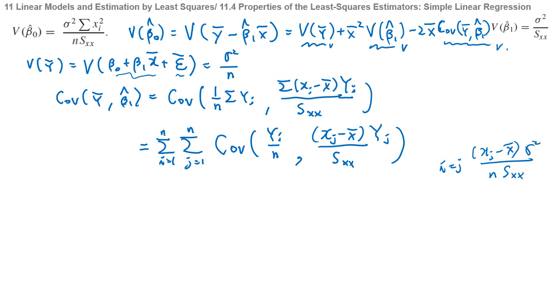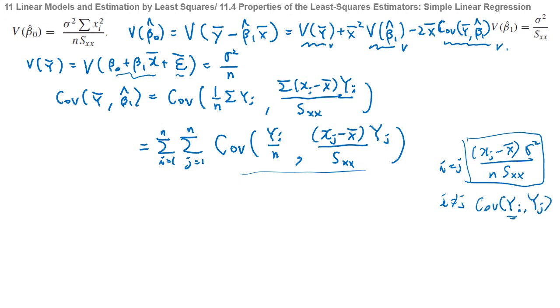The covariance of this thing is this one if i equals j, and if i is not equal to j, then the covariance of yi and yj is 0. So this part becomes the sum over i equals 1 to n of 1 over n Sxx, (xi minus x bar) times sigma square.